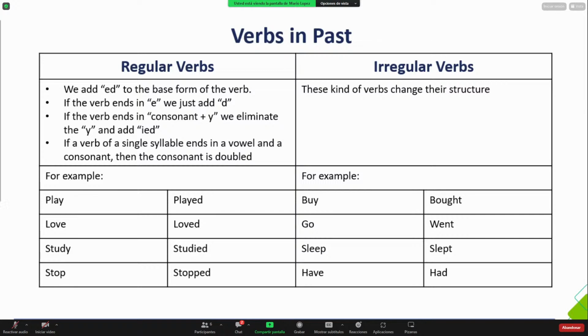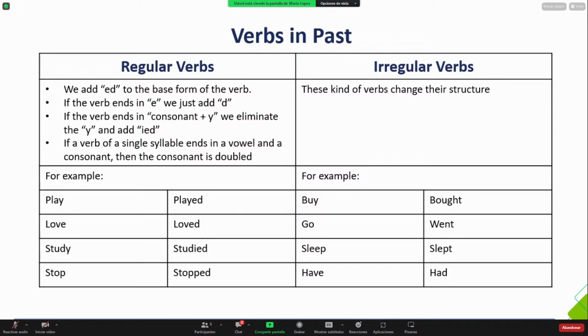We eliminate the y and add ied. Study, studied. This rule is just when the verb ends in consonant plus y. Esta regla es solo cuando el verbo termina en consonante y.